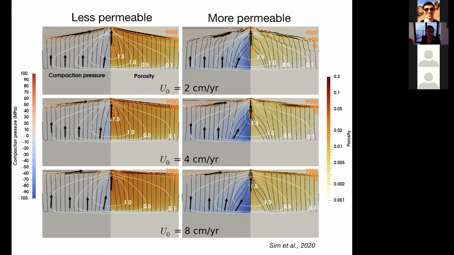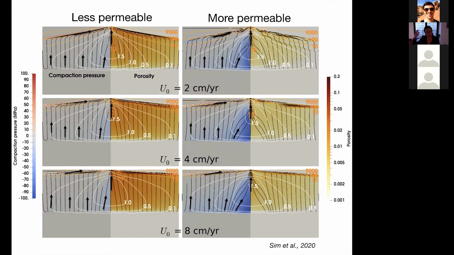The differences here really are between the more permeable and less permeable cases. In the less permeable cases, you have a lot more melt, about an order of magnitude more than the right-hand column, where you have the more permeable cases.